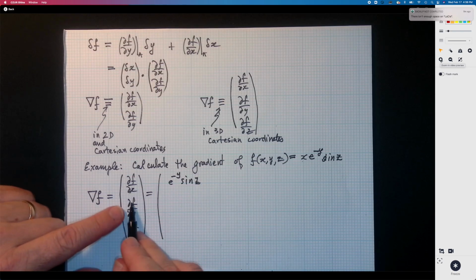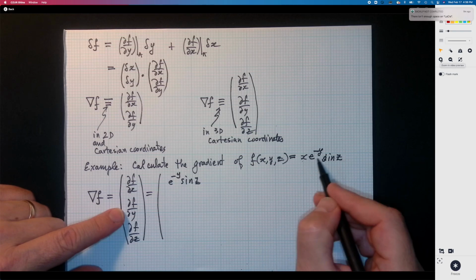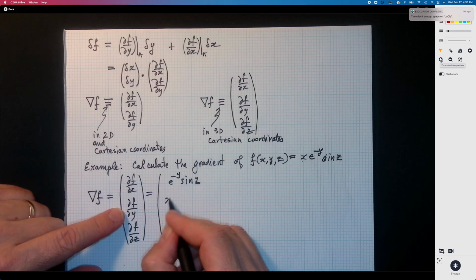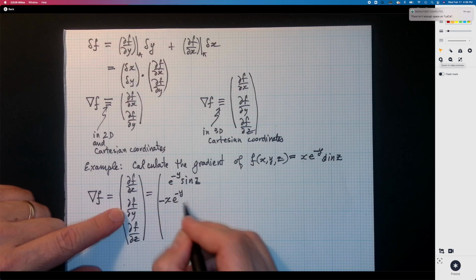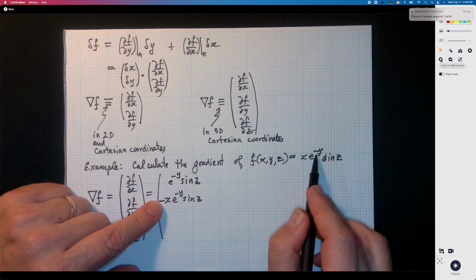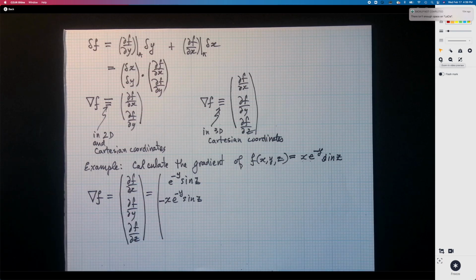And then partial f partial y, now x and z are like constants, so I'll just get the derivative of e to the minus y, which is just minus e to the minus y times the constant. So that will be x times minus e to the minus y sine of z. The minus here comes from the chain rule when you do the derivative of y on e to the minus y.